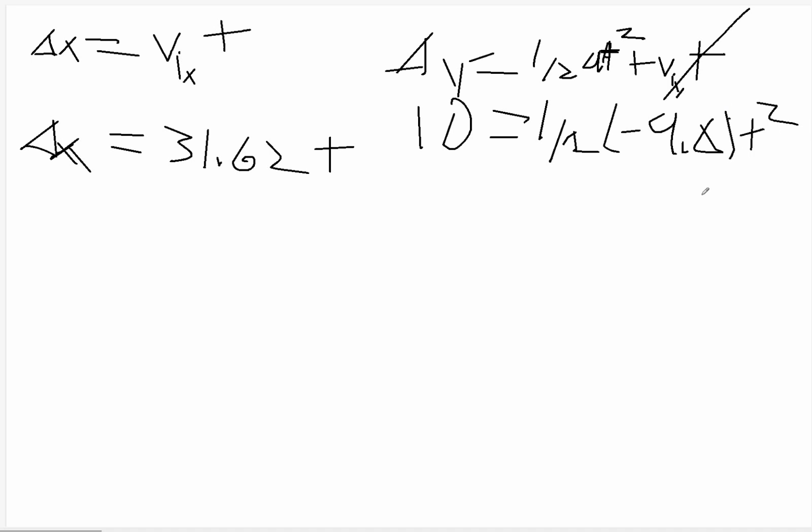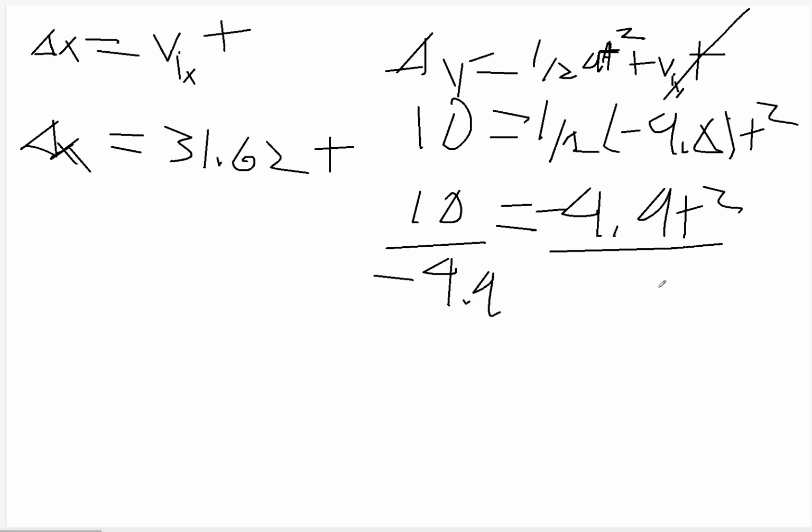And then now it's just simple algebra again. 1/2 of 9.8 is 4.9, I mean negative 4.9 t squared is equal to 10 divided by negative 4.9. We divide both sides by negative 4.9.